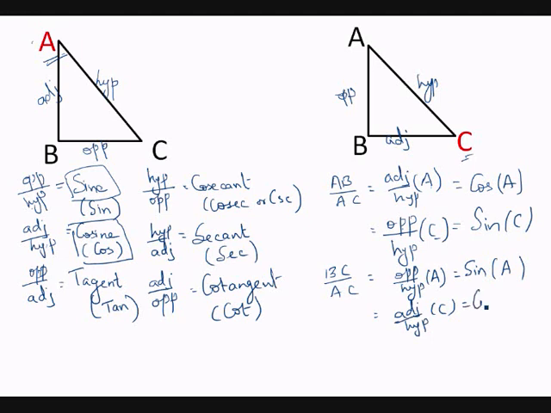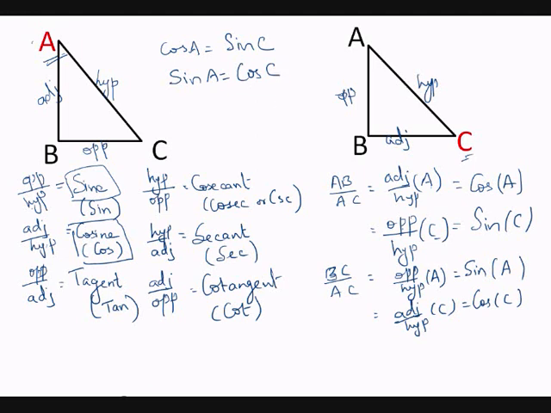Therefore it is cos C. So the ratio BC to AC is either sine A or cos C. We can continue in the same way with all the other ratios. What we have seen here is that cos A will be the same as sine C, and sine A will be the same as cos C.